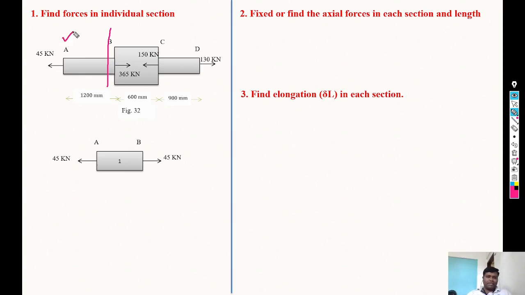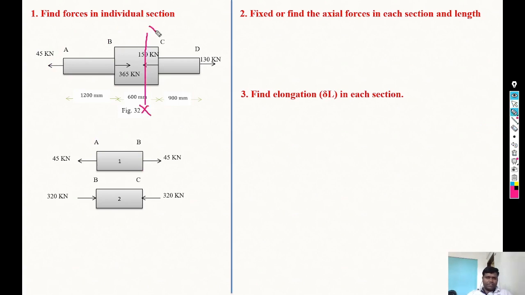That's why we are starting our calculation from A to D, means left to right. So just consider section at B point and focus on the left part. Only one force is there, that is 45 kilonewton. The direction of that 45 kilonewton is towards left. So just consider opposite at B point, it should be towards right and magnitude is the same, 45 kilonewton.